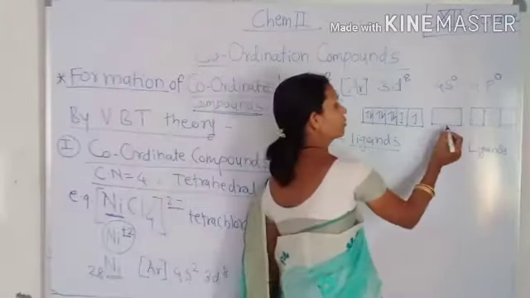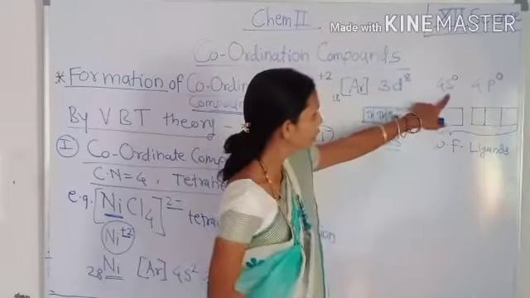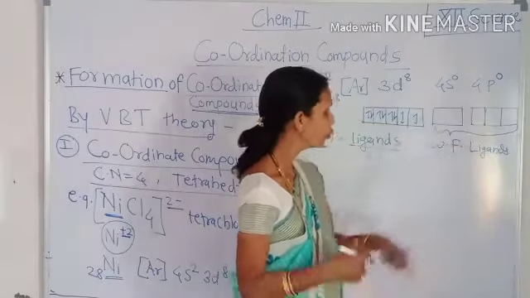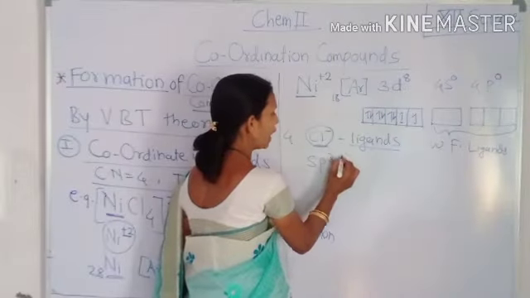Therefore, the 4 empty orbitals, the 4s orbital and three 4p orbitals, first undergo sp3 hybridization.